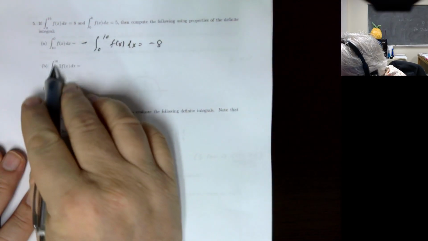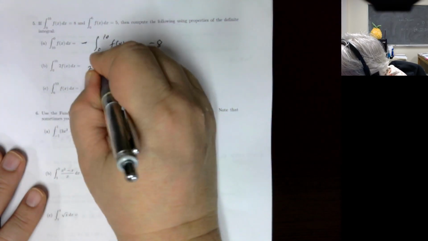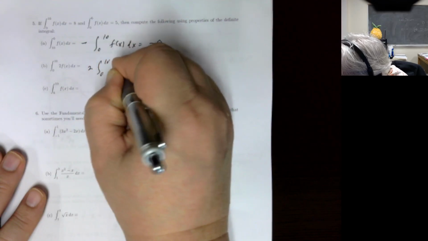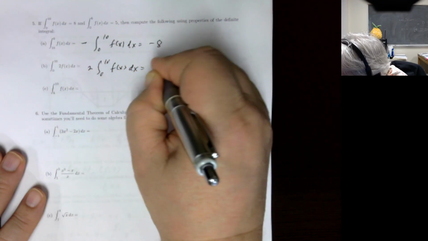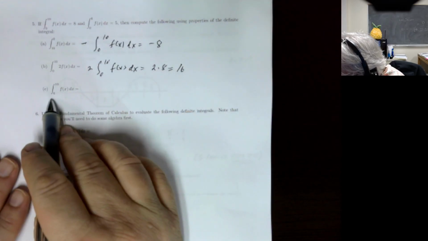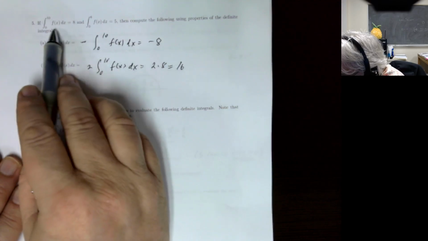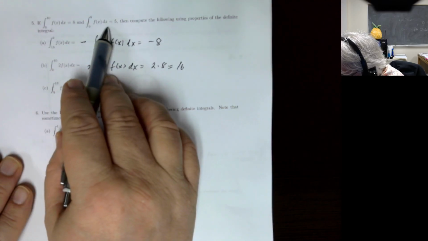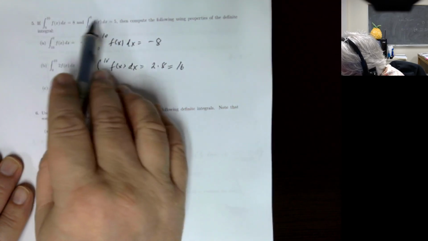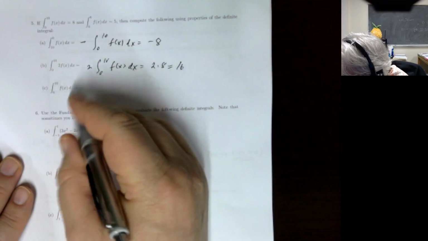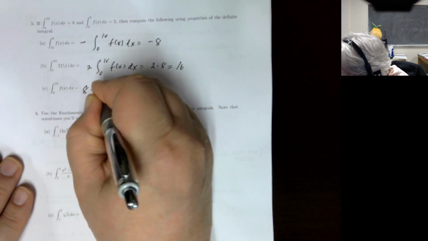So that's going to be minus 8. From 0 to 10, 2 times f of x is 2 times the integral from 0 to 10. So 2 times 8 is 16. Now from 6 to 10, you might notice that that's 0 to 10 minus 0 to 6. That leaves you with the area from 6 to 10. And so this is going to be 8 minus 5, which is 3.